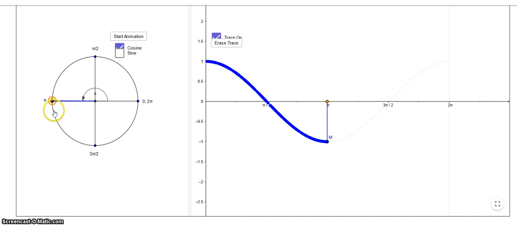Continuing in quadrant 3, cosine is still negative, but the x values are getting bigger and bigger until I get to 3 pi over 2, where I hit the axis again. Then in quadrant 4, x is positive, so cosine goes back up above the axis.